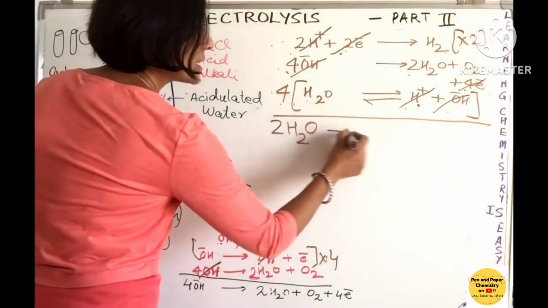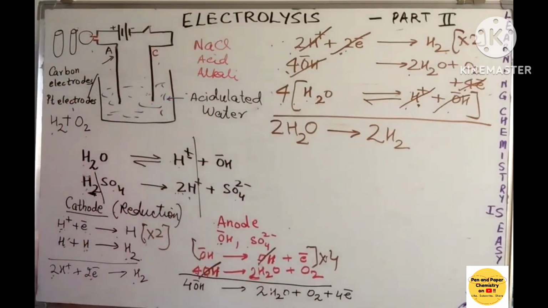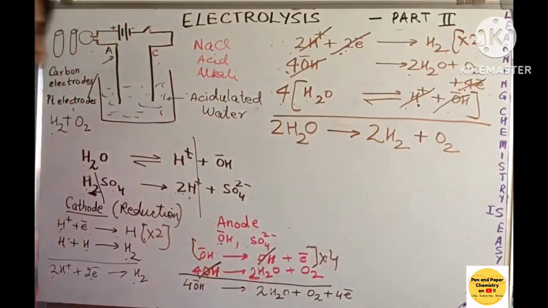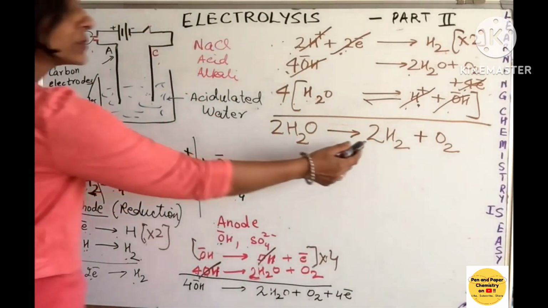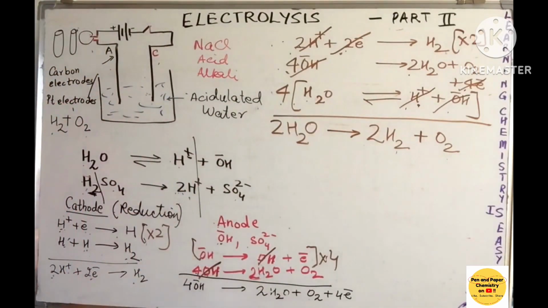How many hydrogen are we getting? 2 hydrogen. How many oxygen are we getting? 1 oxygen. Right? So 2 moles of hydrogen and 1 mole of oxygen is what we are getting over here.